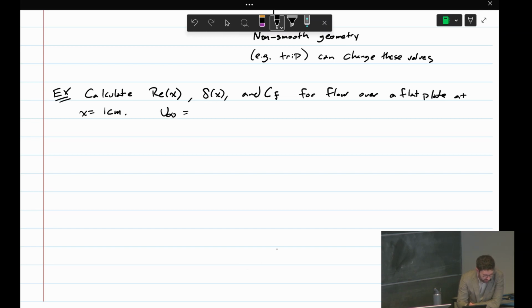Then I'll give you the free stream velocity. So u infinity is 0.1 meters per second. Mu is 10 to the negative 4 pascals times seconds. And rho is, say, 1,000.